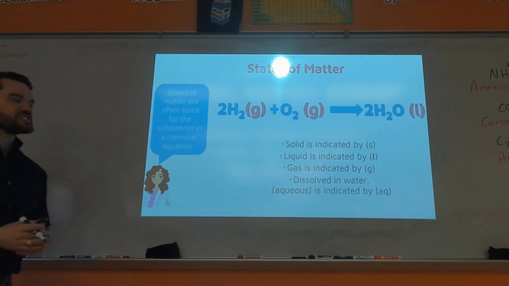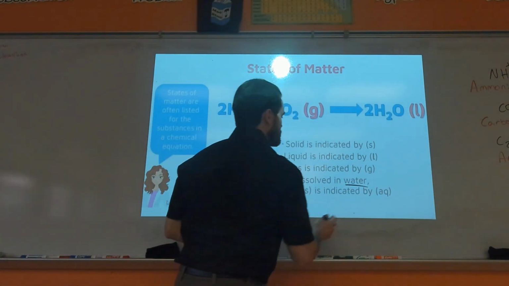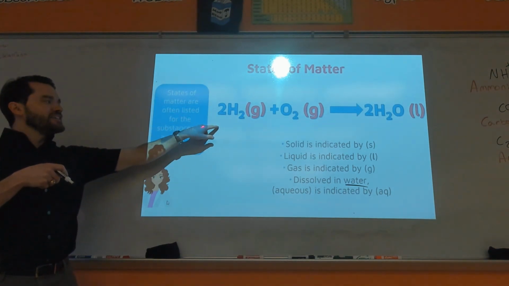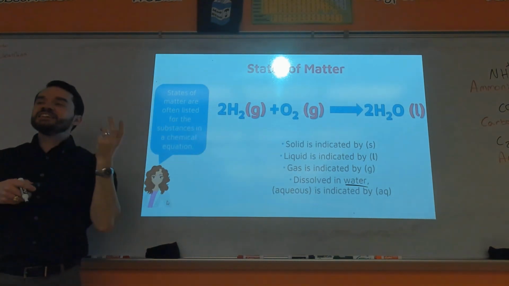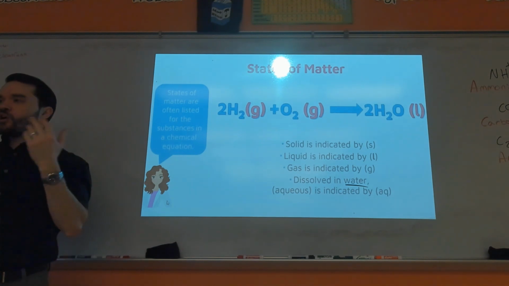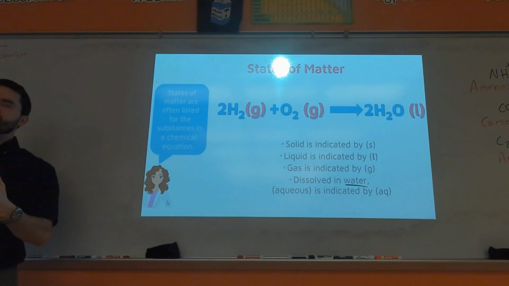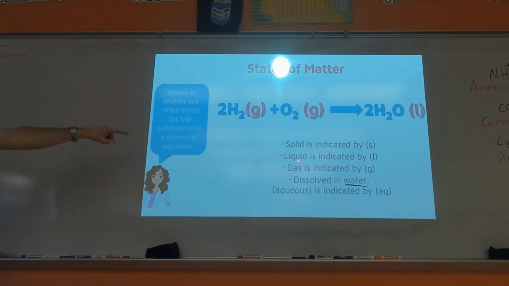A solution is something that's dissolved in water. Hydrogen exists in the form of a gas at room temperature, with no unusual pressure. To tell everybody that, you put parentheses and a G. Same with oxygen. Oxygen exists as a gas, so you put parentheses G.